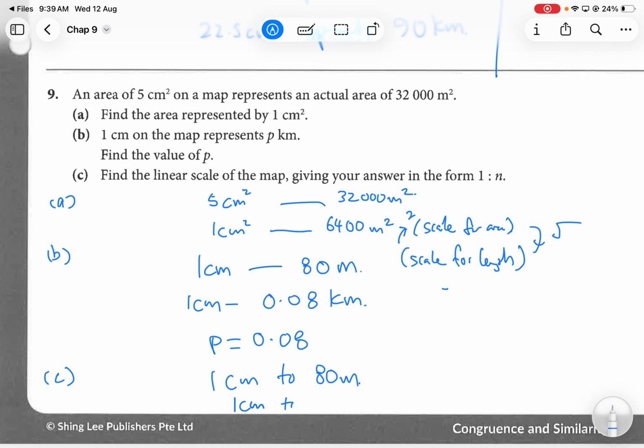Every 1 meter is 100 cm. So I multiply by 100, adding another 2 zeros. Once both sides have the same unit, I can remove the unit and say 1 is to 8,000. Answer.